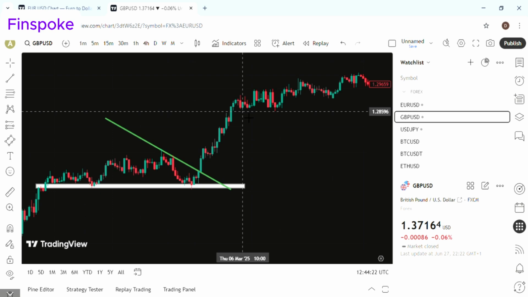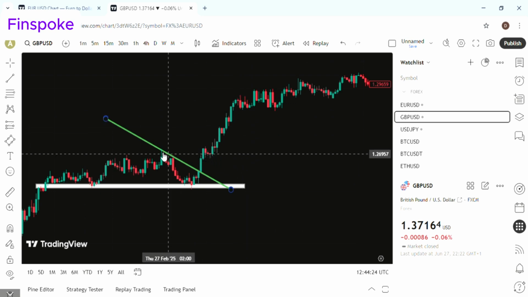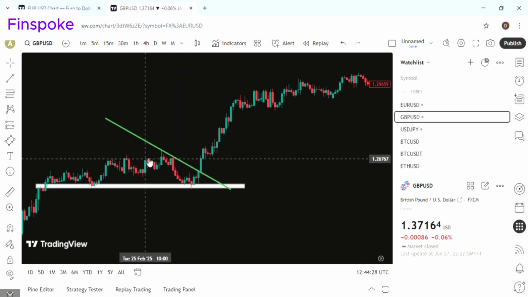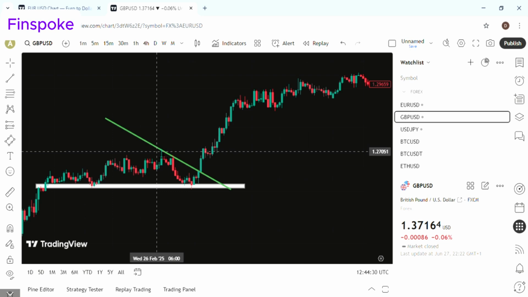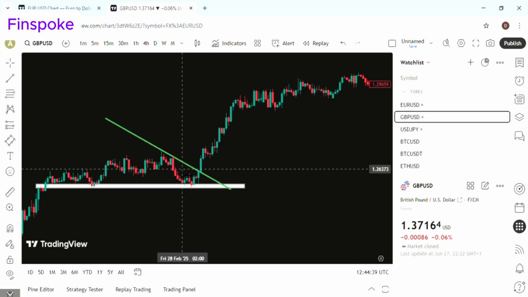But just get the message. After this phase of consolidation, the buyers win the argument. So the trend continued. So if you are to trade this chart pattern, you wait for the break of the trend before you place a trade.